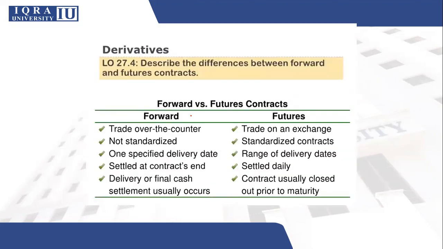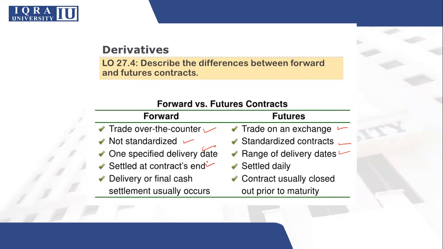Now let's do a comparison between them. Forward is traded over the counter, whereas futures are traded on an exchange. Forwards have non-standardized contracts, whereas futures have standardized contracts. A forward has one specific delivery date, while futures have a range of delivery dates you can choose from. A forward is settled at the contract's end because there is no mark to market to take care of it.